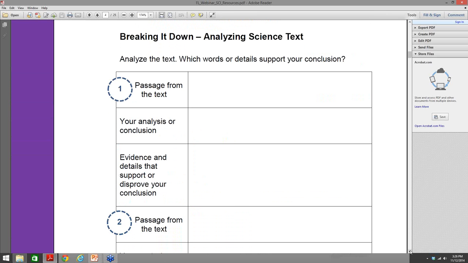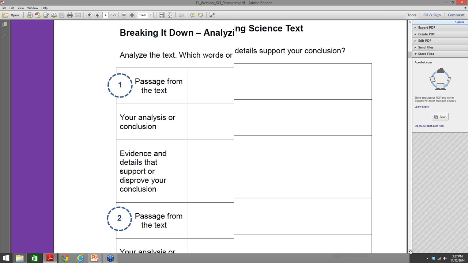Very simple, but getting students to the heart of things. Having them look at certain passages, analyze those passages, and then detail the evidence. In fact, if students could do this, they would not only do much better on those multiple choice or technology enhanced items, this is the beginning for writing short answers. So this would be one type of graphic organizer that you could use in the classroom to get students thinking.